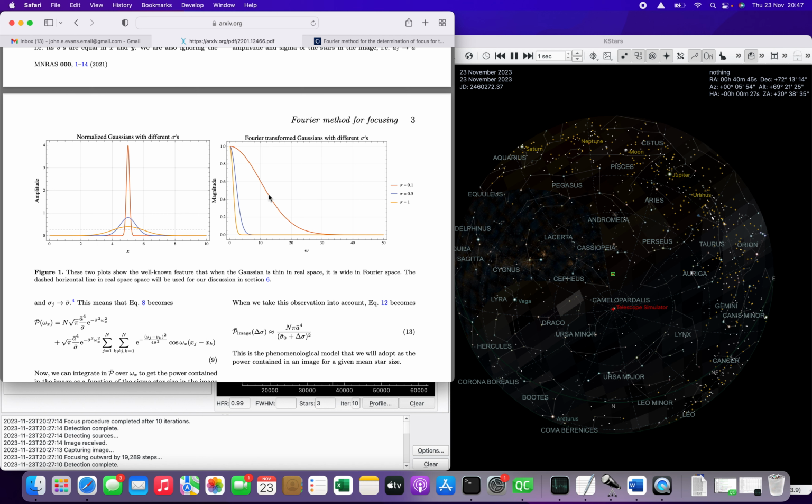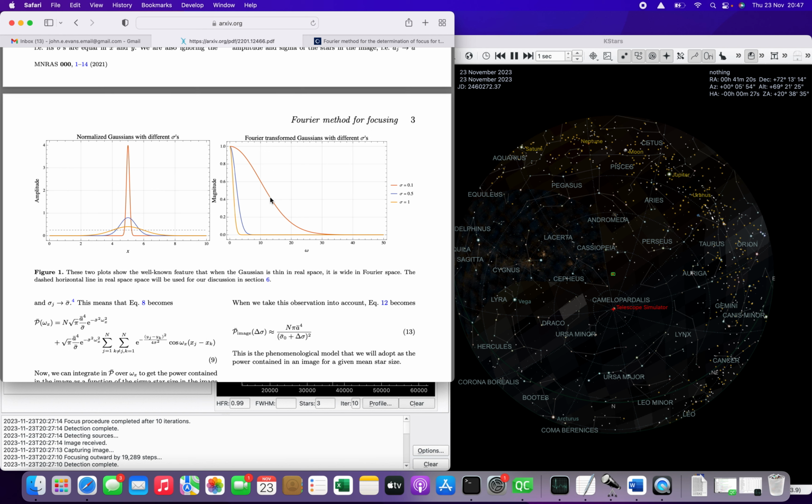So as you get nearer and nearer to focus, in picture space your stars get tighter and tighter. Over in Fourier space, you have a progressively wider and wider Gaussian, and were you to calculate the area under that graph, you will get a bigger and bigger number.